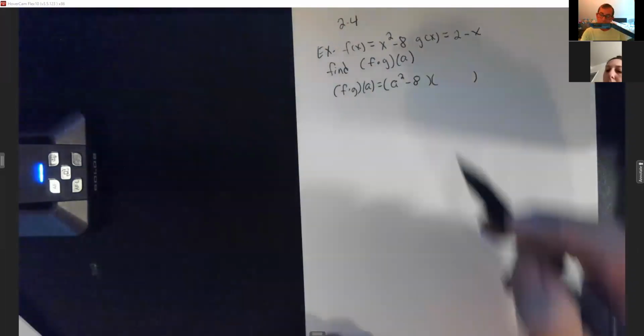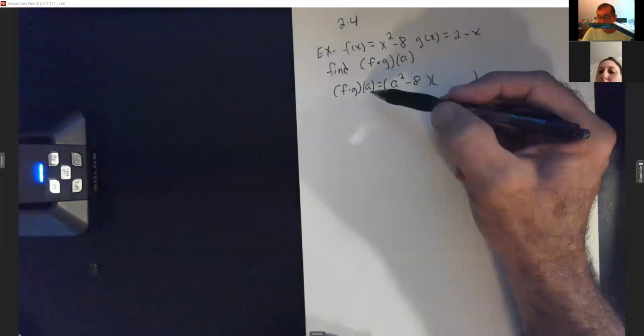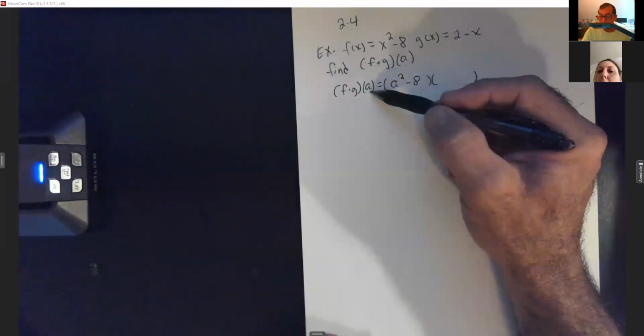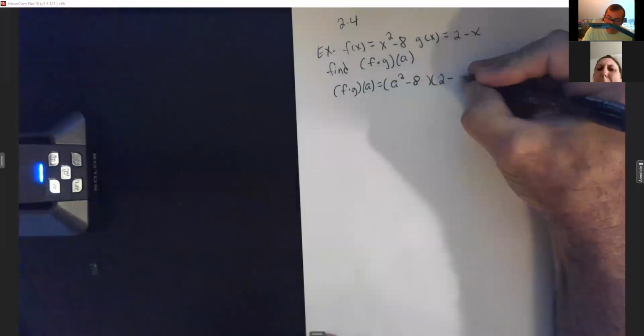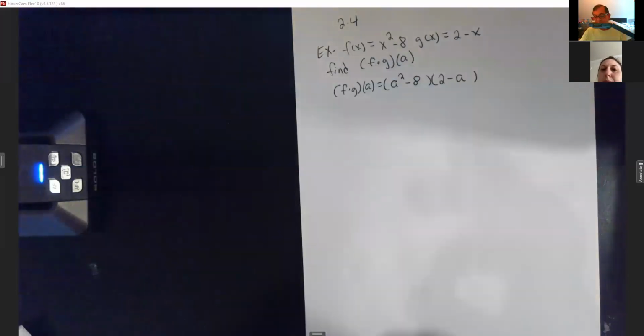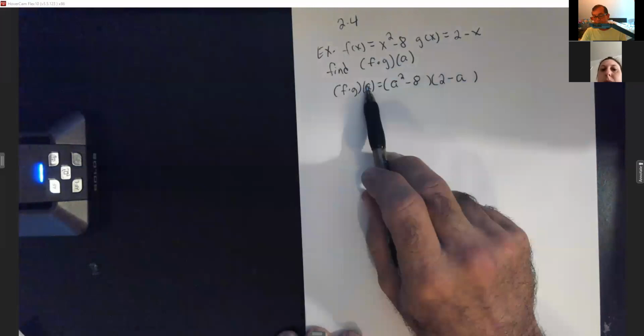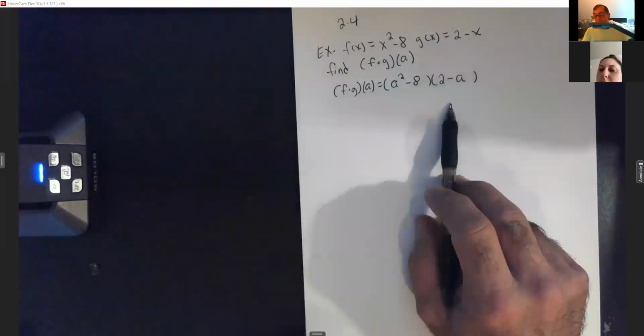So you've got to put that function in and then put in the variable that they're giving you, or numbers. Sometimes those are numbers also. And then we got 2 minus x. Well, that's going to be 2 minus a. So the main thing was just replacing those x's with the a, since that's what they put in my parentheses here. And then I'm just going to FOIL that.